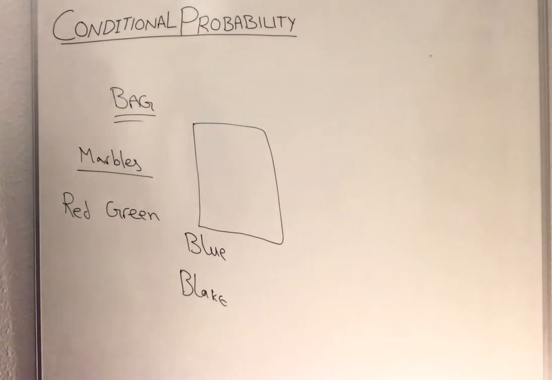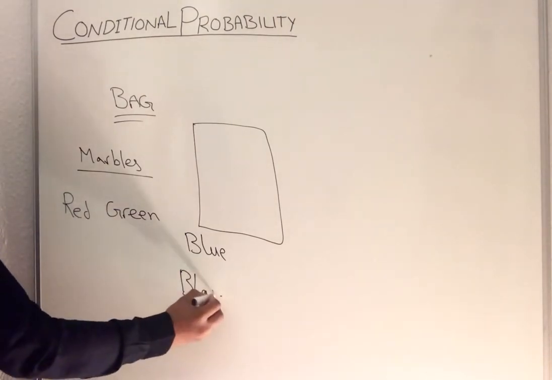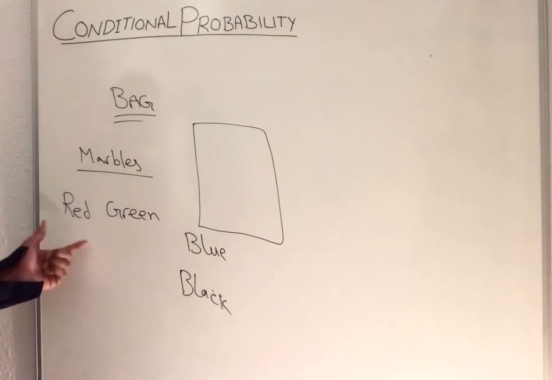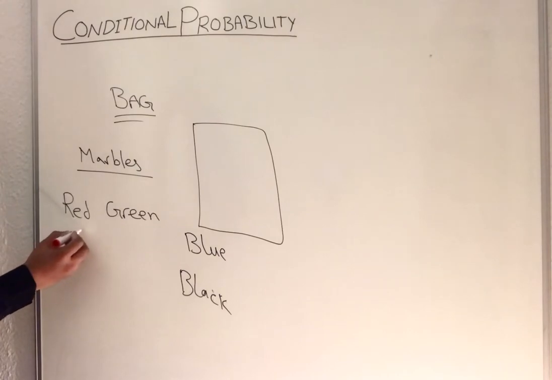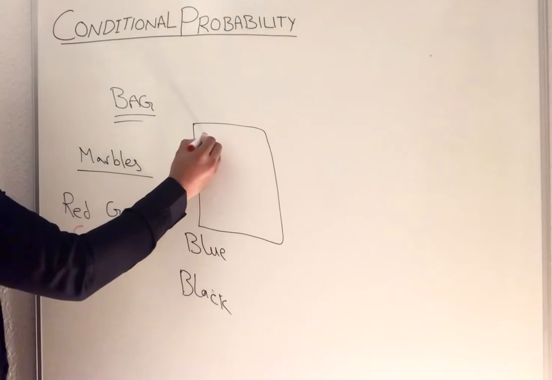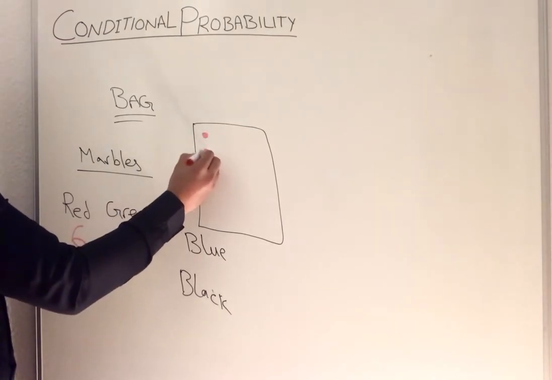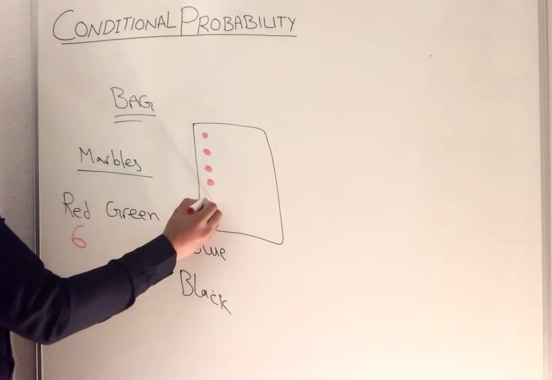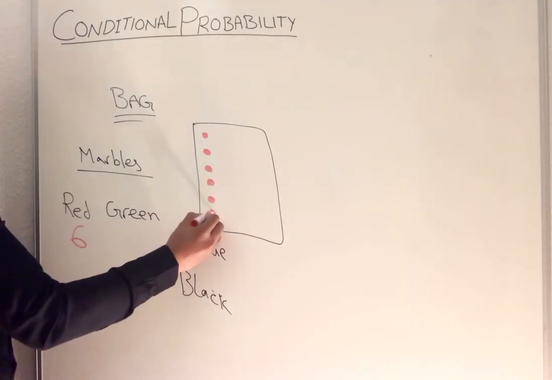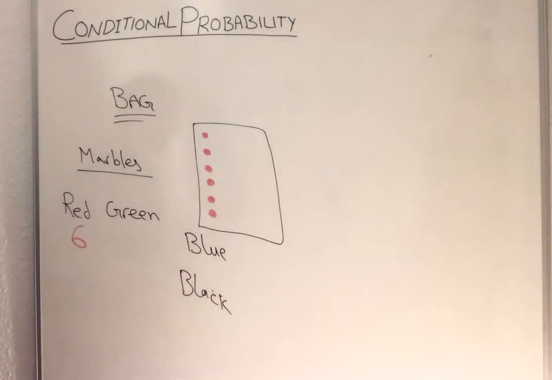So here, how many red marbles are there? If I write it down here, there are 6 red marbles. Then we can say this is the 1st marble, 2nd, 3rd, 4th, 5th, and 6th marble.